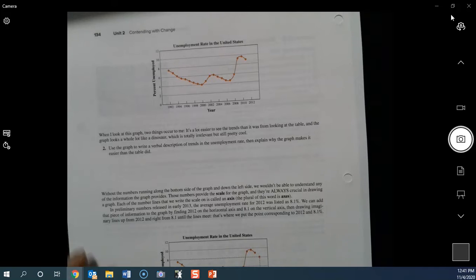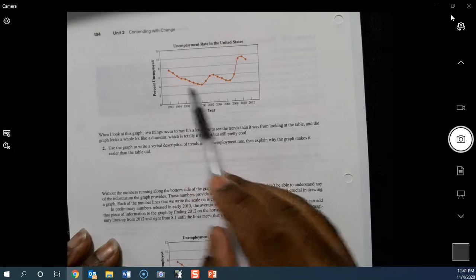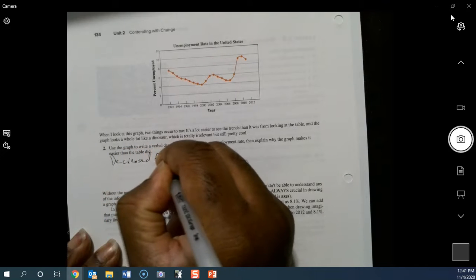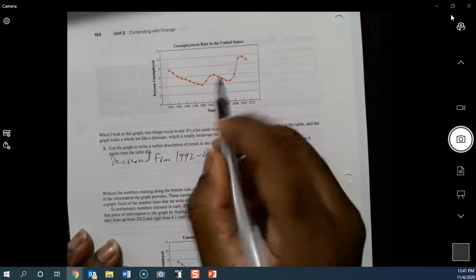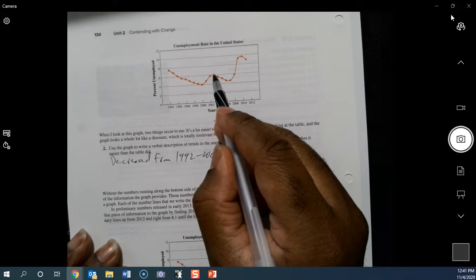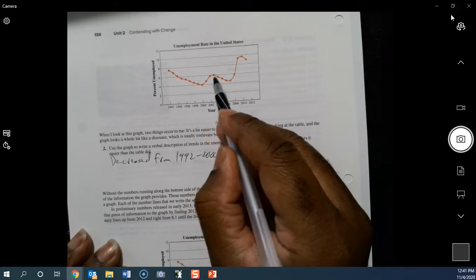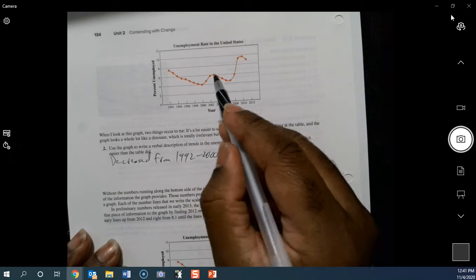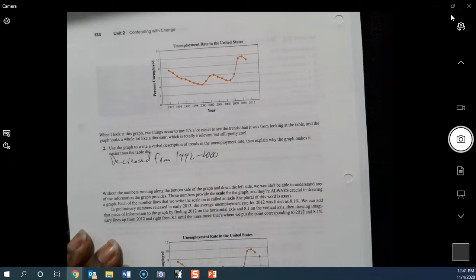So basically you could look here at 1992 to 2000. So you could say decreased from 1992 to 2000. Then you could look here to see it increased from 2000 till about, it's a little past 2002, so we assume that that's 2003.